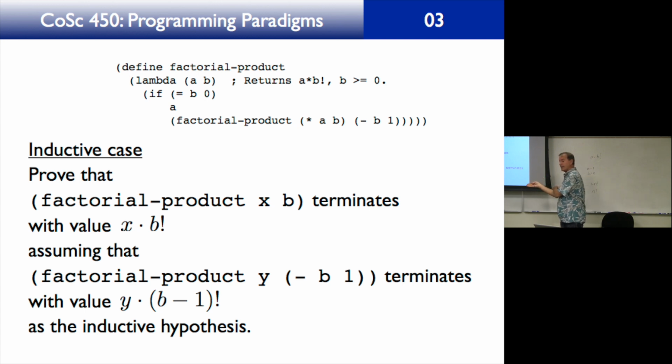On b. Are you with me? We actually have two variables floating around here, a and b, but when you do a proof by mathematical induction, you always prove it on one of the variables. That means that this first variable can be anything, as long as this is this, and this is this.